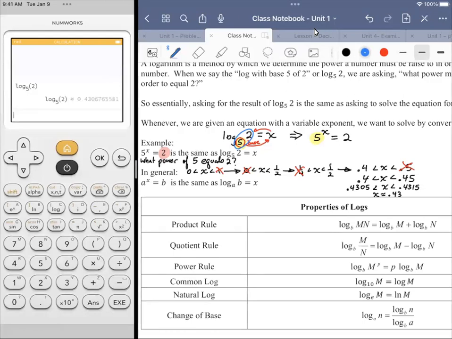This calculator is no different. So if you go to home, go to solver, the option here is equations. Let me do that again. So solver, you'll see an option for equations. You'll also see finance. We're going to do a little bit with that later on in the unit, just because it's kind of cool.